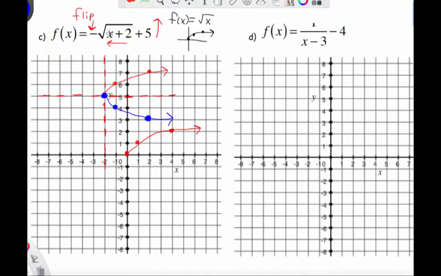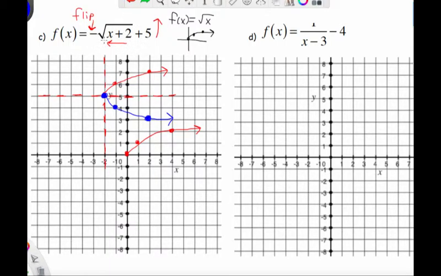Now, if we had a negative underneath that radical, then our graph would have swung that way as well. But we don't have it there. It's on the outside, which reflects over the x-axis. So the only thing that you need on your paper technically is the blue. Move left 2, up 5.